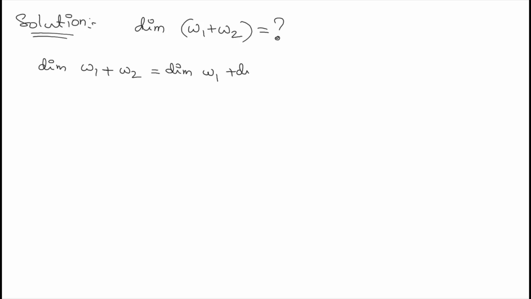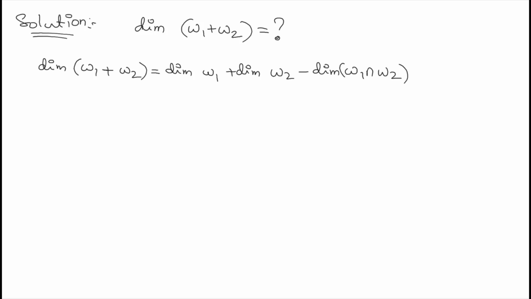it is asked to calculate the dimension of W1 plus W2, but the given data is the subspaces W1 and W2 only. So to calculate the dimension of W1 plus W2, we use a formula: dimension of W1 plus W2 equals dimension of W1 plus dimension of W2 minus dimension of W1 intersection W2.